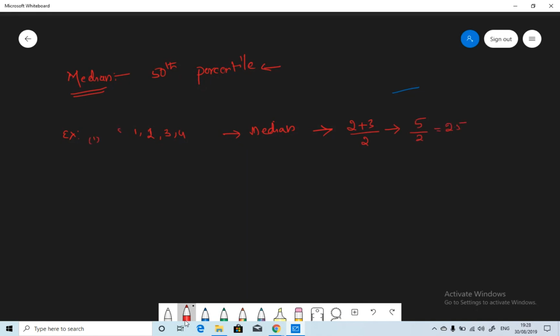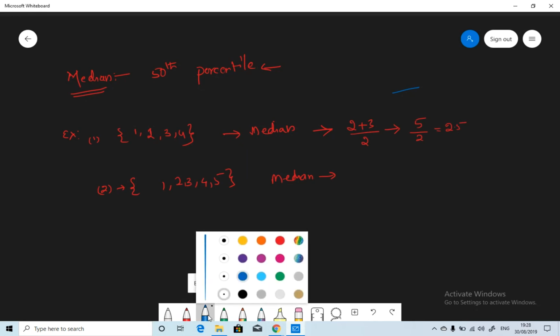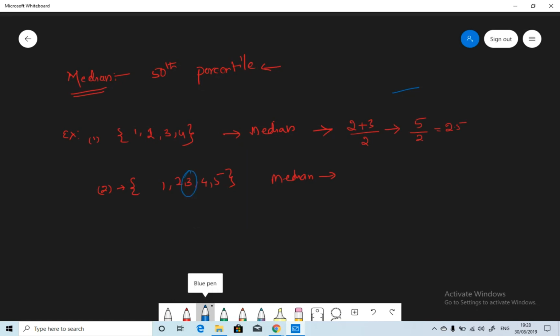Okay, second example: 1, 2, 3, 4, 5. What is the median? Median will be 3. Now this is important. Now I add an outlier value.